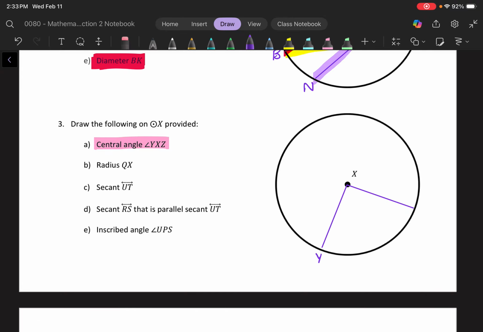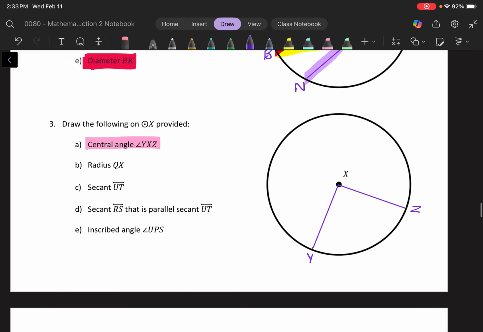One of those endpoints has to be labeled with a Y. One of those endpoints has to be labeled with a Z. I want you to look at your work, and then I want you to look at the person sitting near you's work and see if they drew a central angle that's named YXZ.